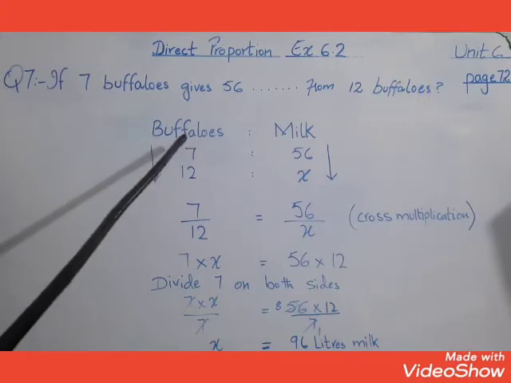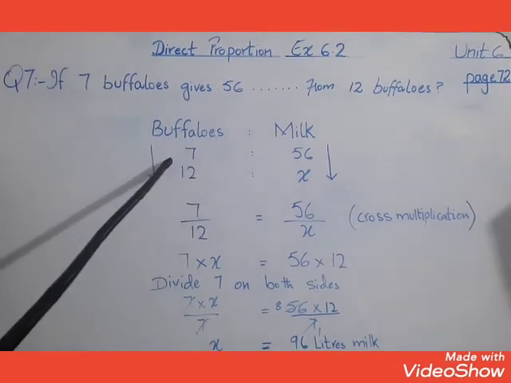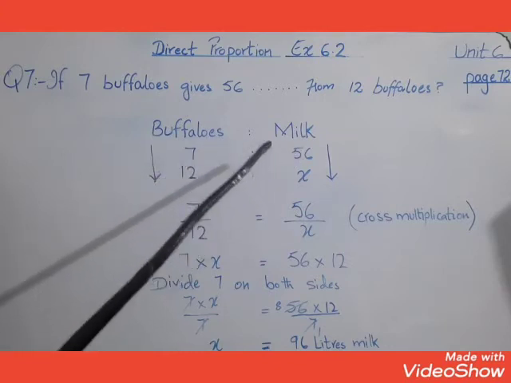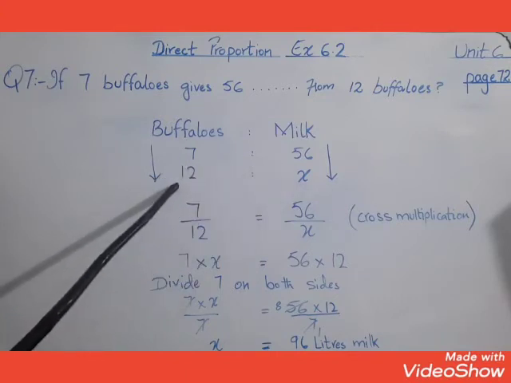Right? Now again, the quantities are buffaloes and milk. 7 buffaloes give 56 liters of milk. Right? Then how much milk can we get from 12 buffaloes?